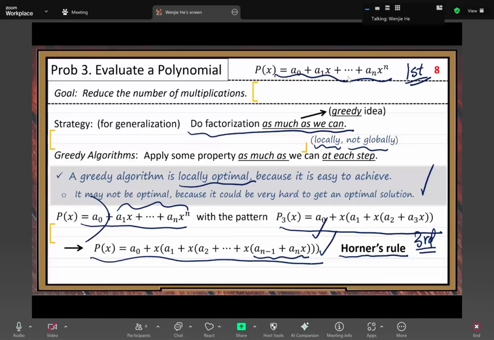After that, we need to count the number of multiplications. When we do the Horner's rule method, how many multiplications do you need? Can you see how many multiplications we need? Do the counting here. Any idea?